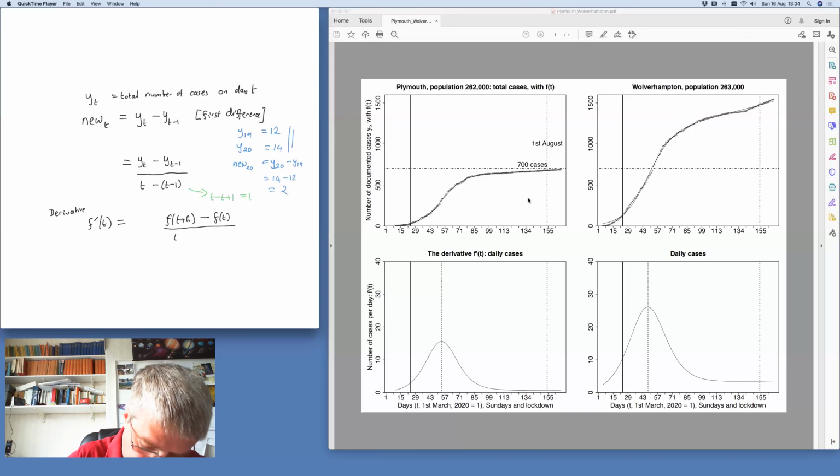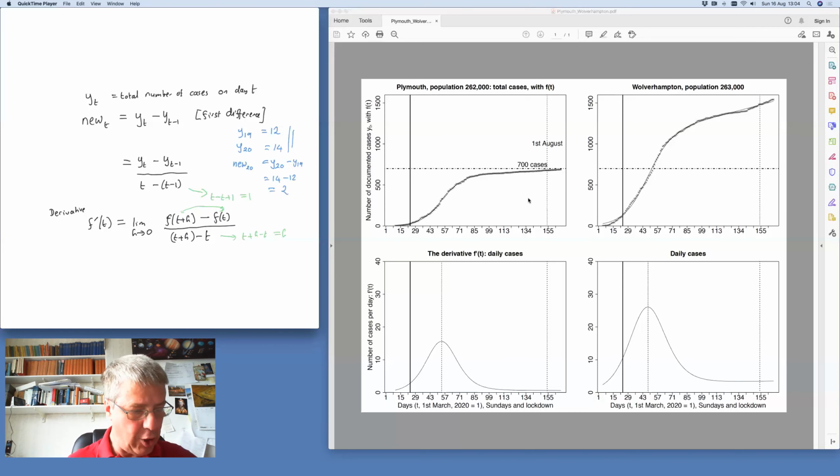So the gap is going to be t plus h minus t. Now, if we think about what t plus h minus t is, it's just h. So we're dividing through there by the difference in the time, which is just h. And then the definition of the derivative says we look at that as h tends to 0.